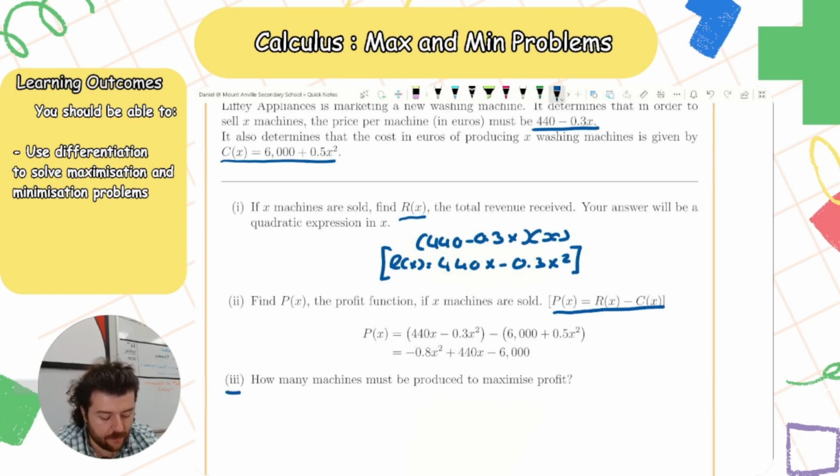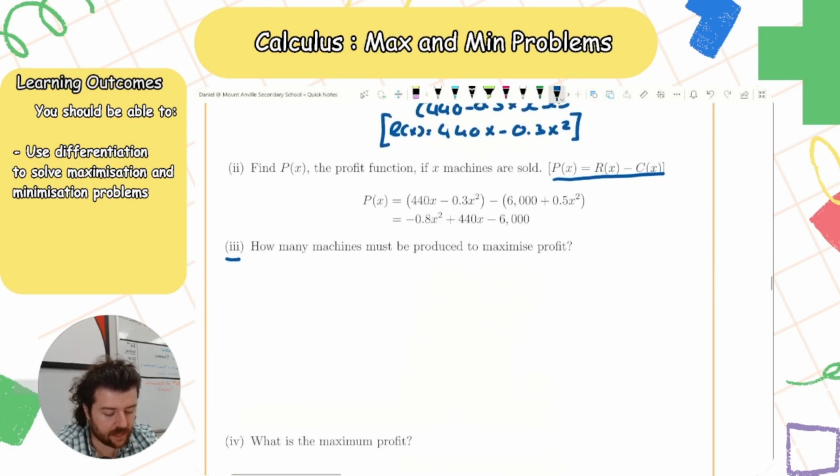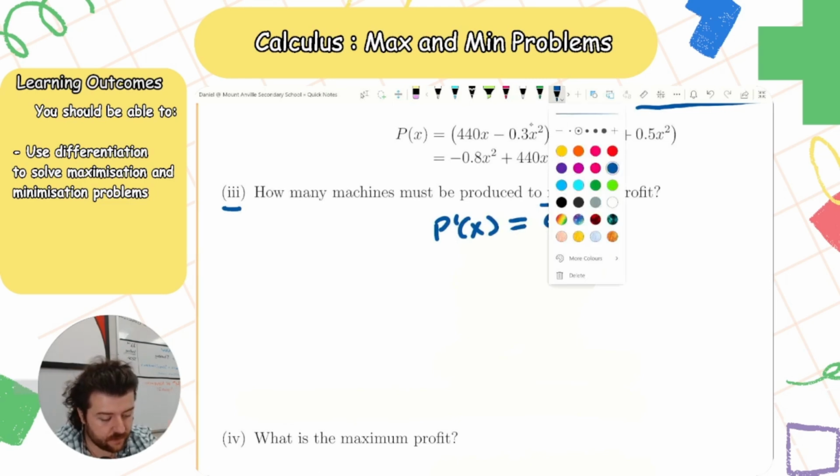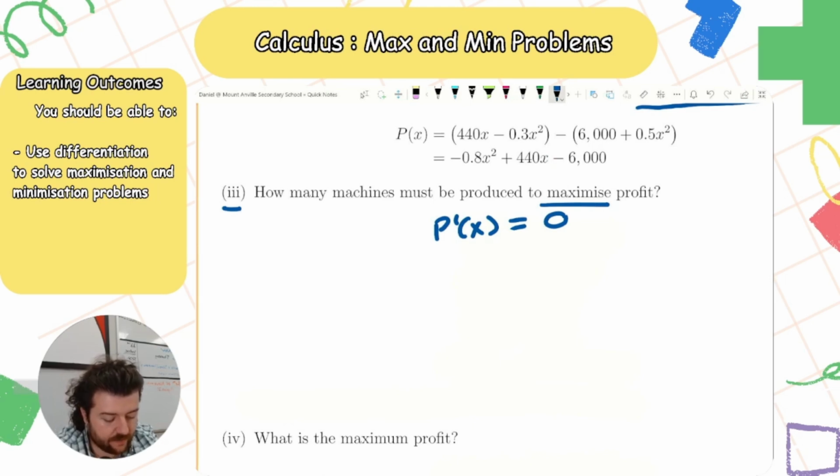Third problem: how many machines must be produced to maximize profit? That's the key word, maximizing profit. Therefore, I need to find the first derivative and let it equal 0. So my first derivative here would be minus 1.6x plus 440 is equal to 0.